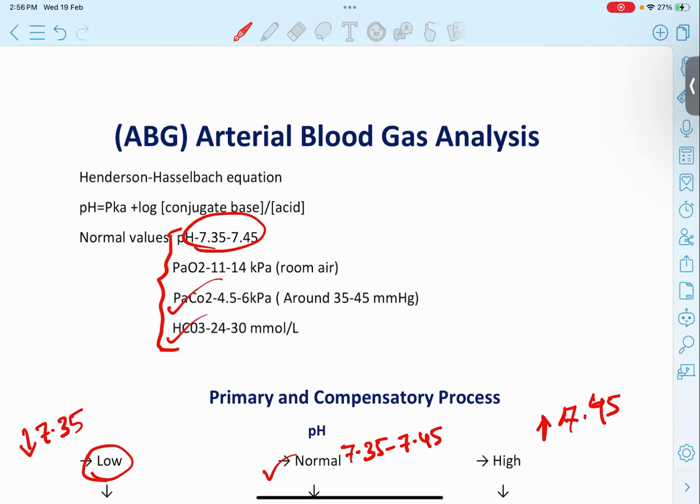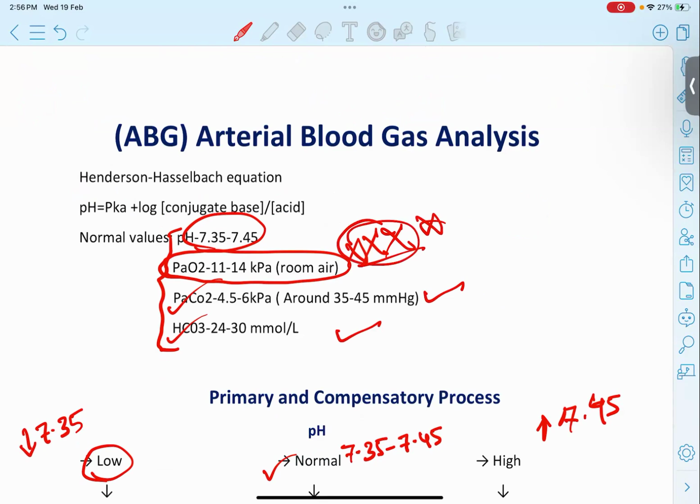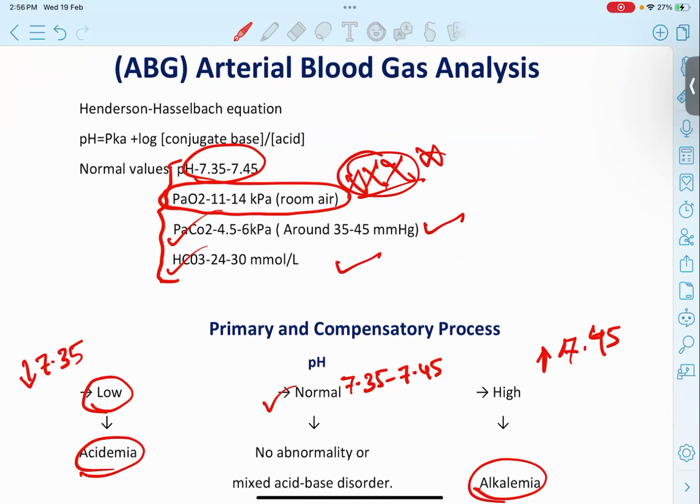Partial pressure of oxygen is not important for looking at acidosis or alkalosis. For this, we don't need oxygen; we just need carbon dioxide and bicarb. Partial pressure of oxygen is very important to look for hypoxia, or whether the patient is going into respiratory failure. But for metabolic or respiratory acidosis or alkalosis, we need just these two things: partial pressure of carbon dioxide and bicarbonate.